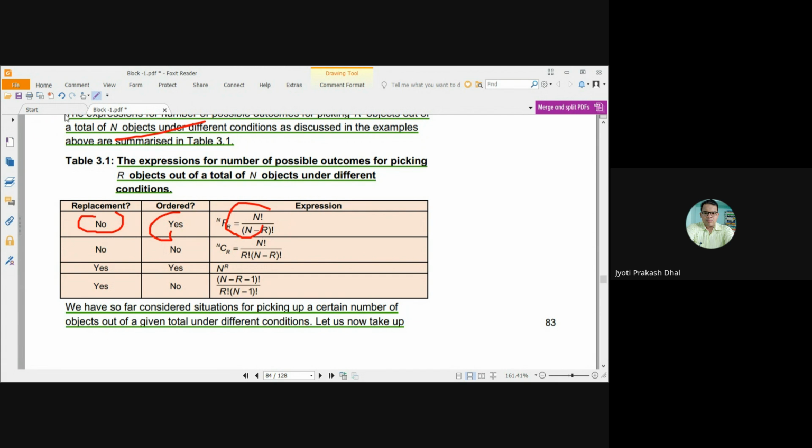If no replacement is there and all the objects are ordered in a particular arrangement, then the permutation expression will be applicable, and that will be nPr, which equals n factorial divided by (n minus r) factorial.